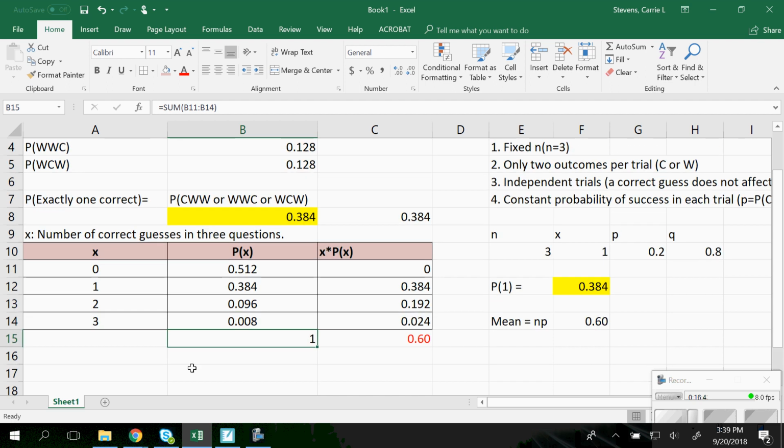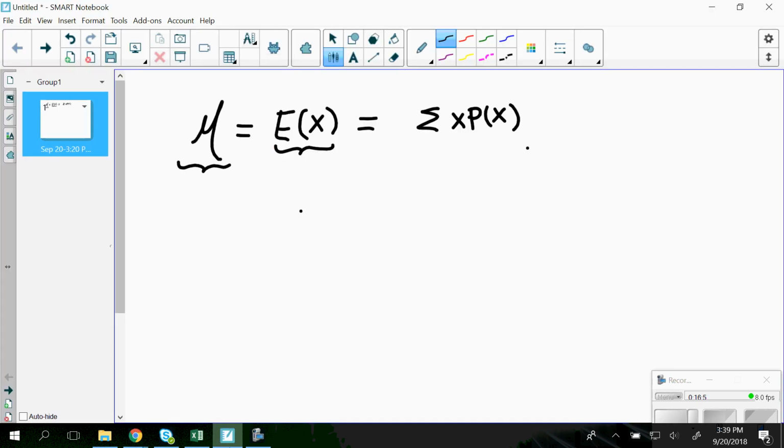Okay, so there's not just the mean, but there is also the standard deviation and variance.